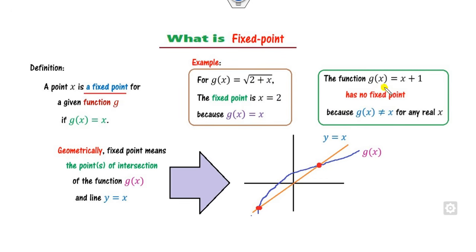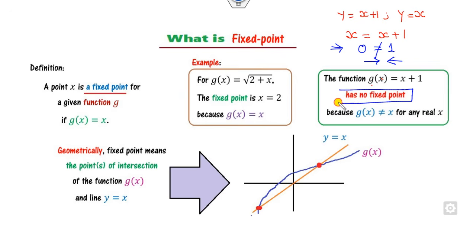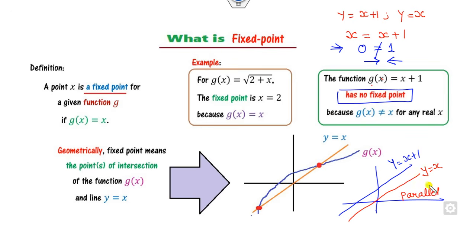On the other hand, if I consider the graph of y = x + 1 and draw the graph of y = x, then clearly there is no x which satisfies this equation, since 0 = 1 is not possible. Hence there is no fixed point. If you draw the graph, this is the line y = x + 1 and this is y = x, and both lines are parallel. The slopes of the two equations are the same, so they are parallel.